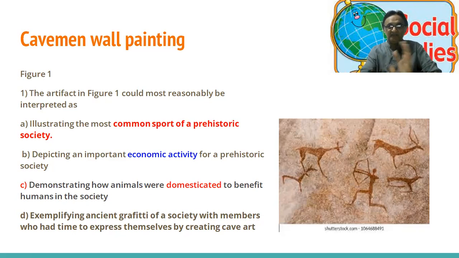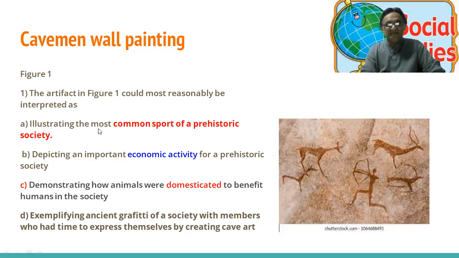So there is a big difference between the prehistoric and the historic term. The examiner gave 4 options, so let's compare these 4 options with the picture.